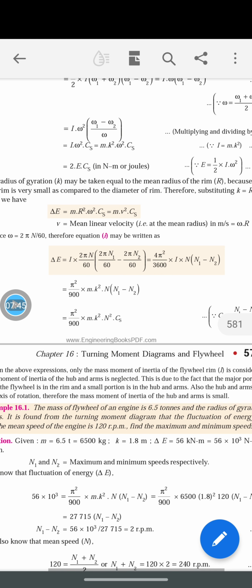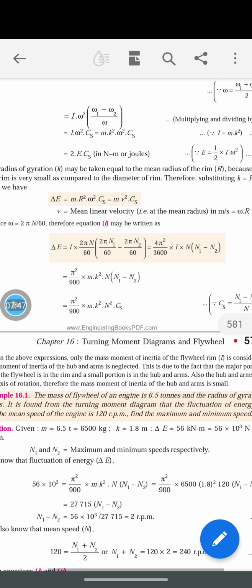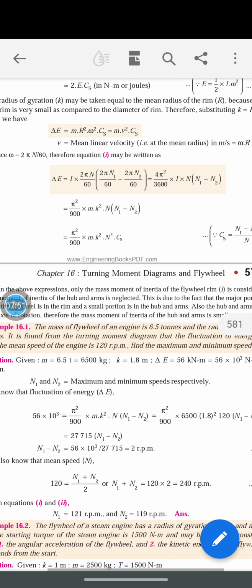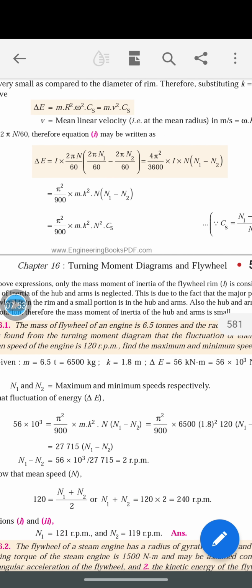Depending upon the problem given, we need to use the relevant formula. Here you can see another formula for delta E: pi square by 900 mk square N into (N1 minus N2), and pi square by 900 mk square N square Cs. So please remember all these formulas.